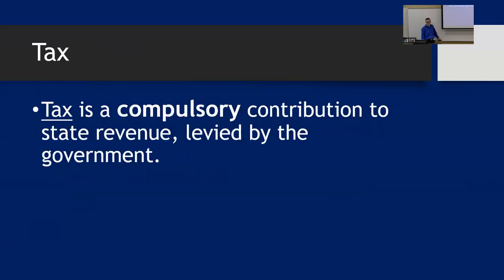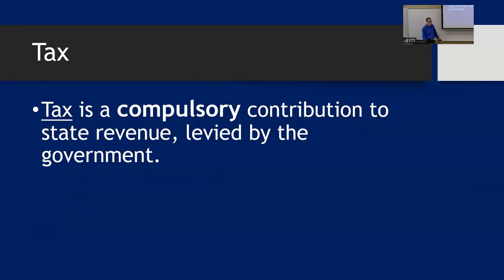And if you look at the definition of tax, it's compulsory. I have to buy it, or else you get in trouble for fishing, right? So it's compulsory in contribution, it goes to state revenue, and it's levied by the government.